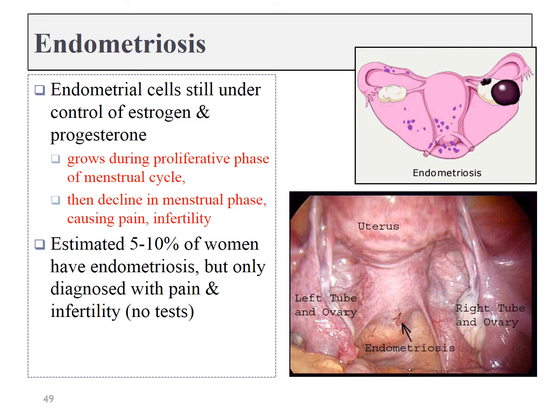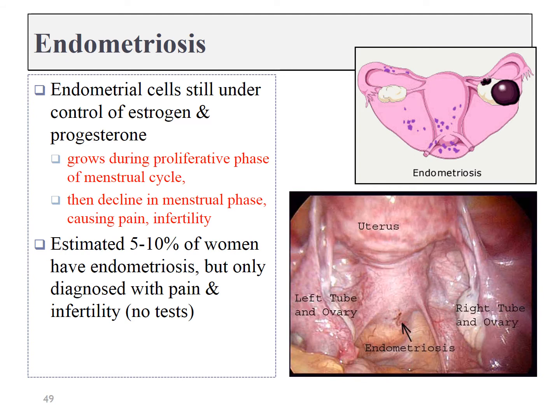So if some endometrial cells wind up in the fallopian tube, when the ovaries are undergoing the follicular phase and producing higher levels of estrogen, those endometrial cells will undergo mitosis and start dividing and creating a bigger batch of endometrial cells. This could block a fallopian tube. If it grows big enough, it might even put pressure on the fallopian tube, causing pain.